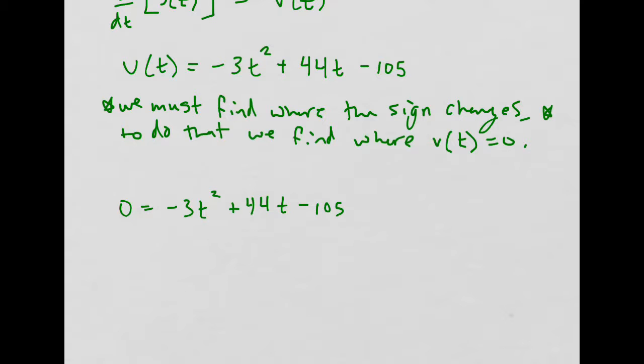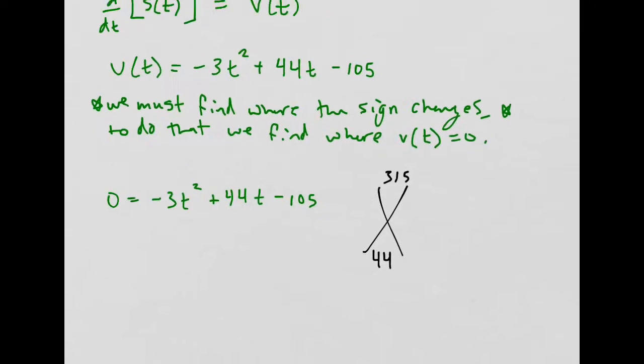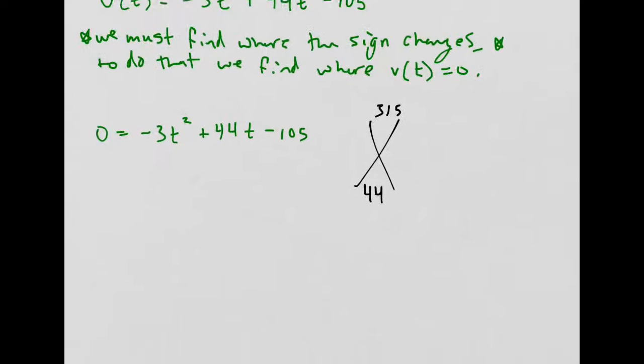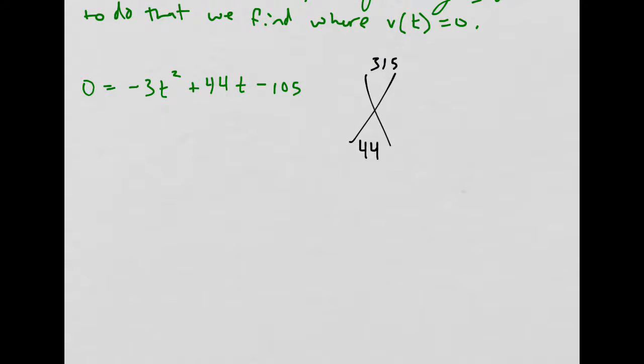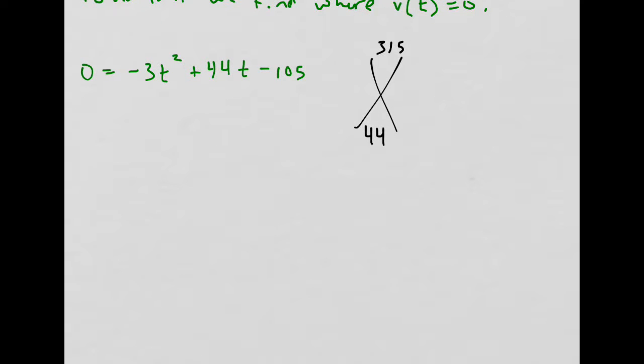First, 3 times negative 105 is 315, and we want it to add together to be 44. This is going to be a toughie. What times what gives you 315, but when you add them together, you get 44?